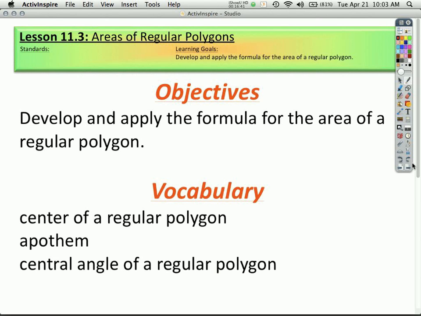So here's a major new word that you're going to hear a lot today moving forward, the apothem. And we're going to talk about what that is in a moment. And then the central angle of a regular polygon is very similar to the central angle of a circle. So there's a lot of connections going on here. Any questions so far before we go a little bit deeper with these different pieces?